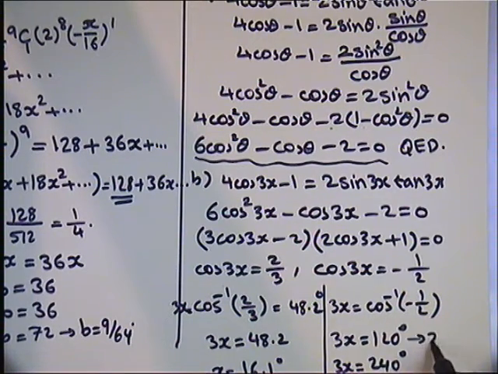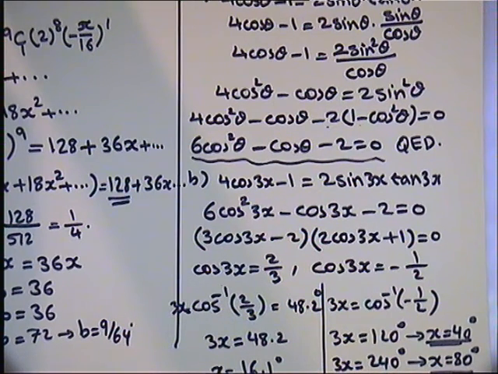So x is equal to, if we continue further, again it would be out of range, so we just stop here. X equal to 40 degrees, and for this one, x equals 80 degrees. So therefore, there are three solutions: 16.1 degrees, 40 degrees, and 80 degrees. Okay, so end of question 12. And in the next video, we will go through the remaining questions.